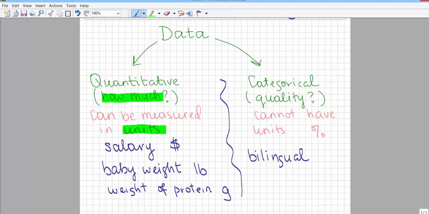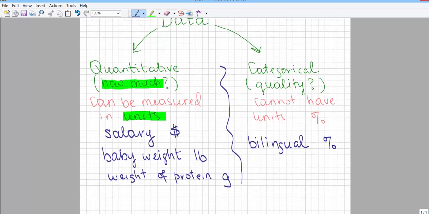There's no such thing as bilingual grams or meters or dollars, right? But you can say, okay, out of my friends, what percentage of my friends are bilingual, right? So percentage here. Percentage of bilingual coworkers, percentage of bilingual students at FCC. Okay, categorical. That's your category.